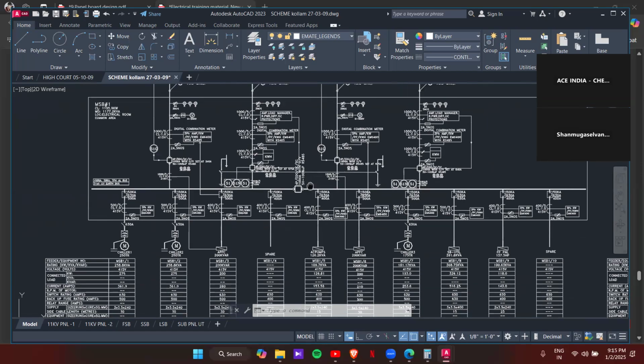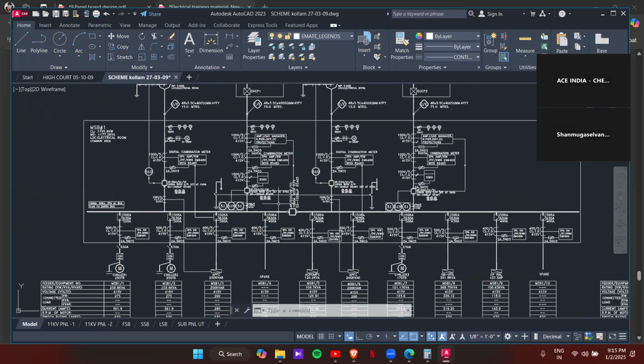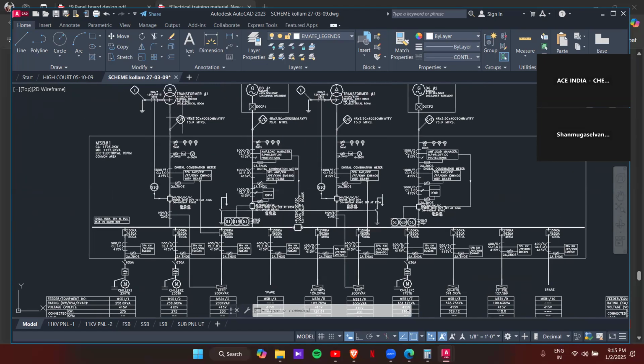And one more thing, you can see that there will be one more ACB placed in between. Okay. So the purpose of this one is, if there is no power from the transformer side, DG will be taking care of these panels. Okay.